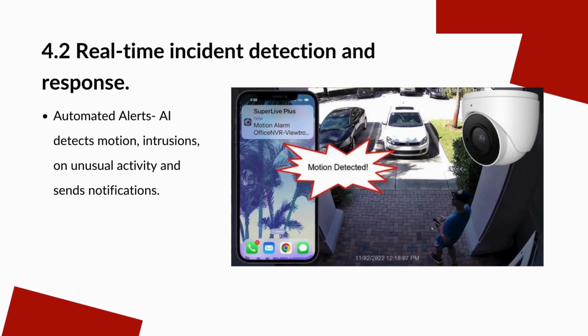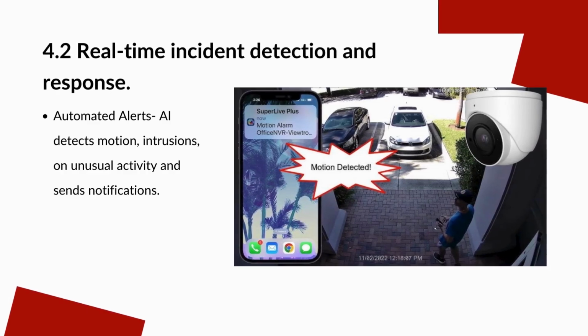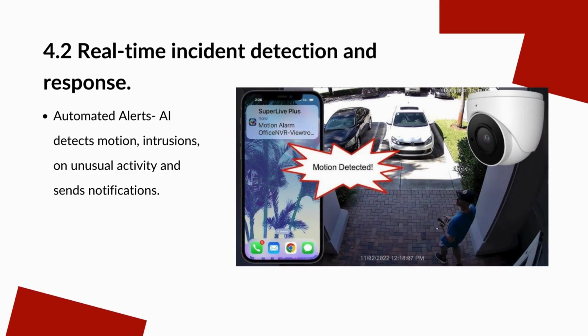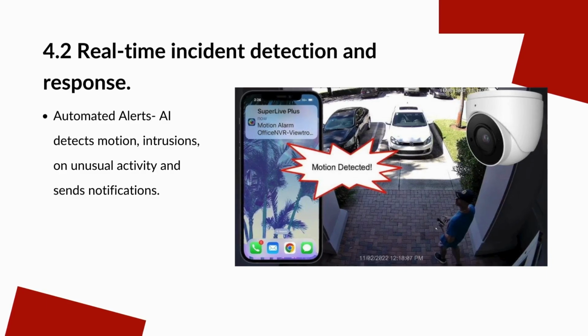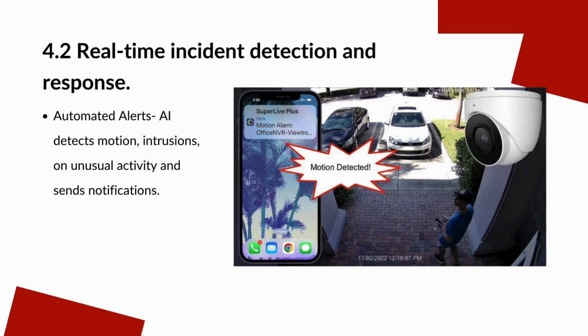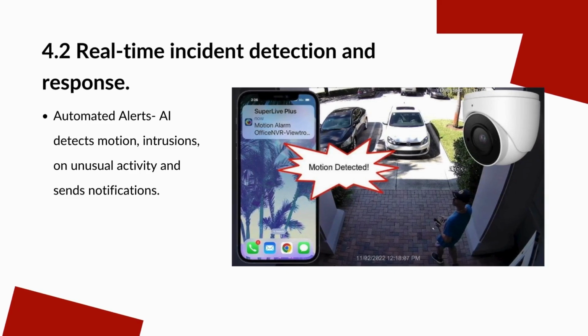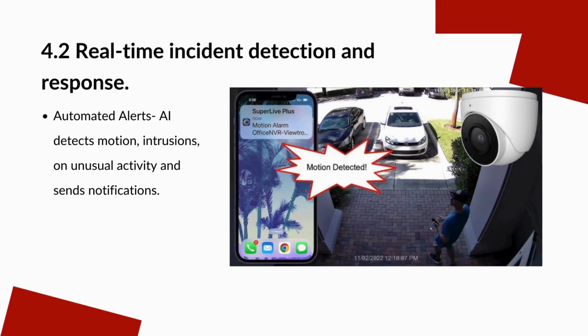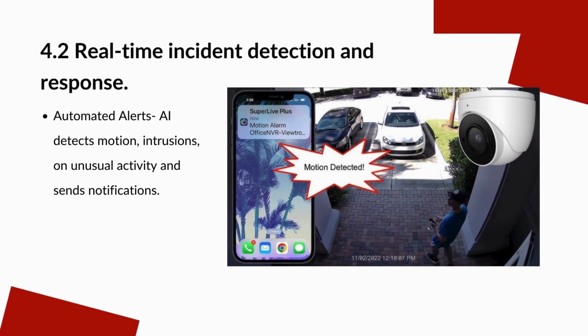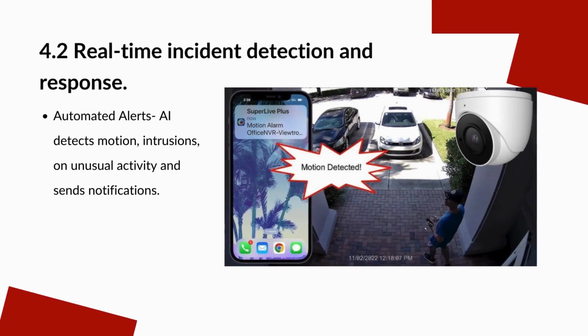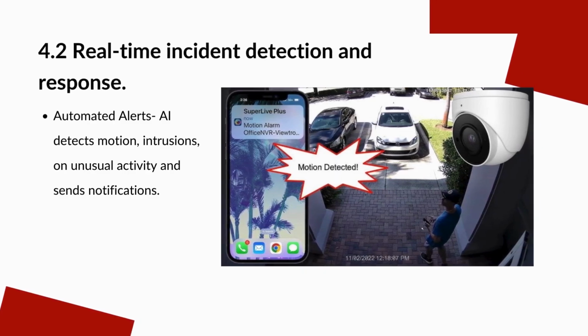For instance, you can set your DVR or NVR to beep in the control room once there's an intruder around, or once a vehicle enters the MD's car park. The channel for that camera will beep on the screen. That's real-time incident detection and response.